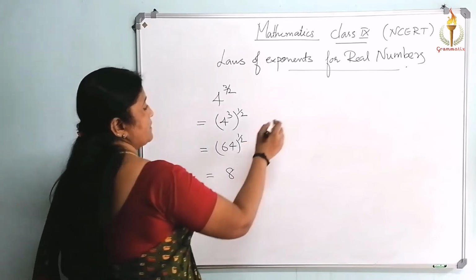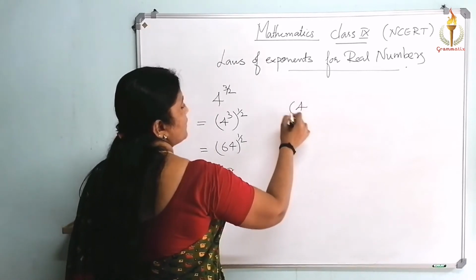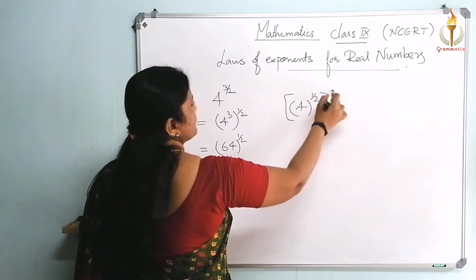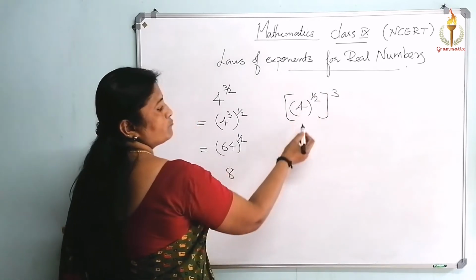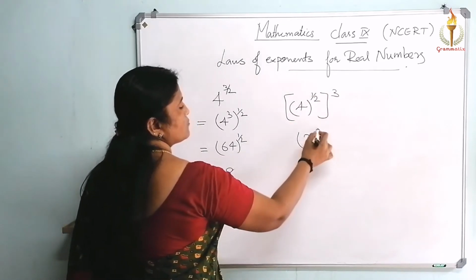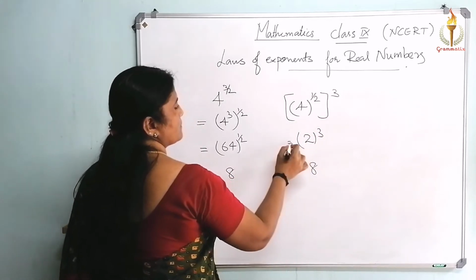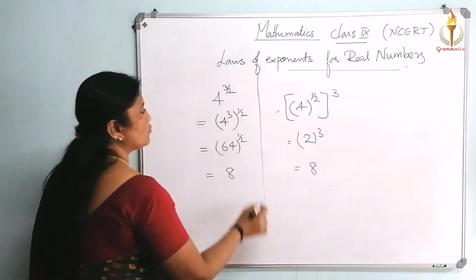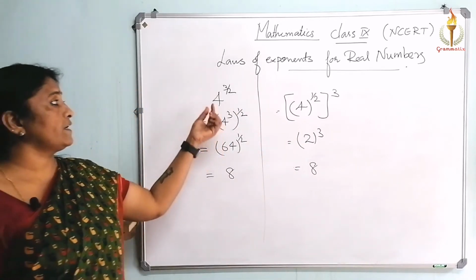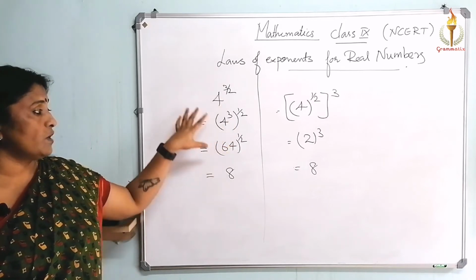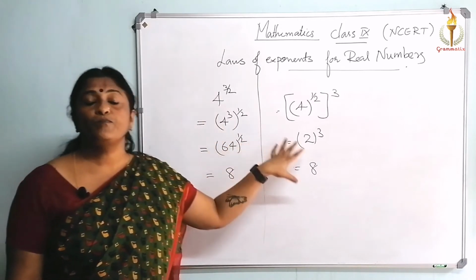The second method is 4 raised to 1 by 2 the whole cube: square root of 4 is 2, that is 2 cube, and that is equal to 8. So you can find the value of 4 raised to 3 by 2 either this way or that way.